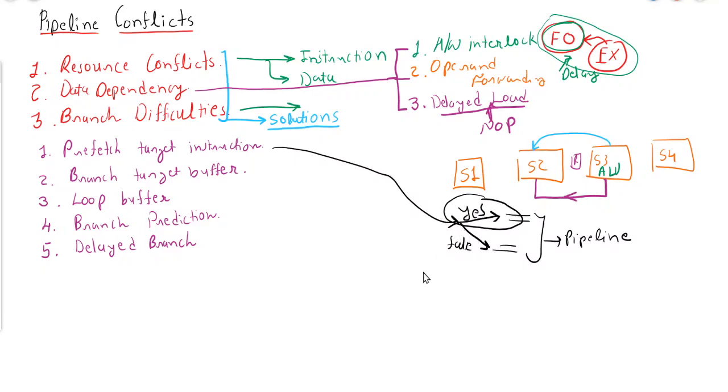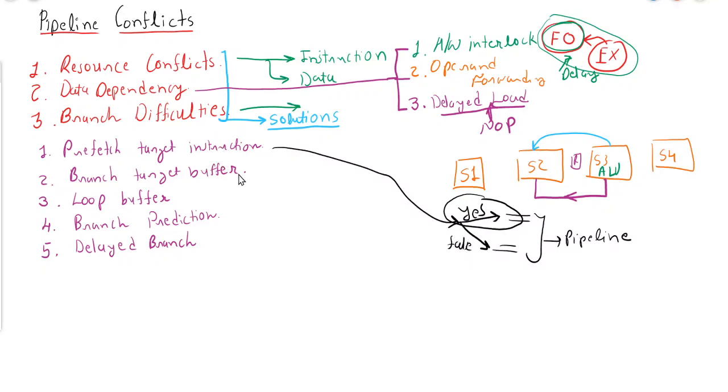If the branch is not successful, it will continue with the other instruction. The extension of this procedure is to continue fetching instructions from both places until the branch decision is made. After execution of the branch, it will decide which stream is to be maintained and which is to be discarded, depending on the condition.